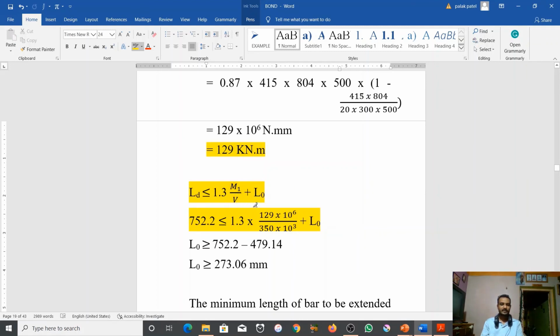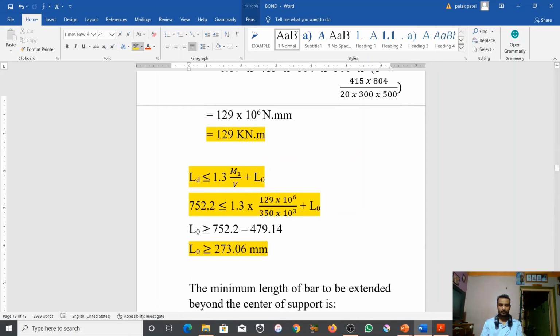V is the shear force, given as 350 kilonewton, so 350 into 10 raised to 3 Newton. After solving this example, we found L0 is less than or equal to 273.06.